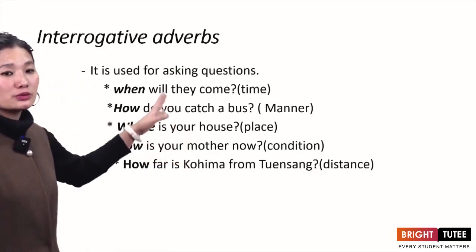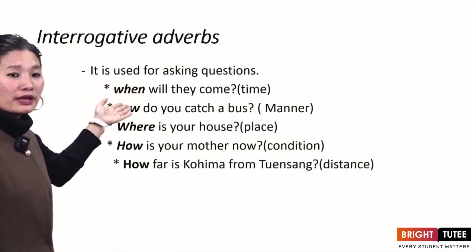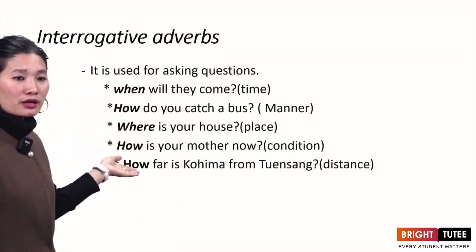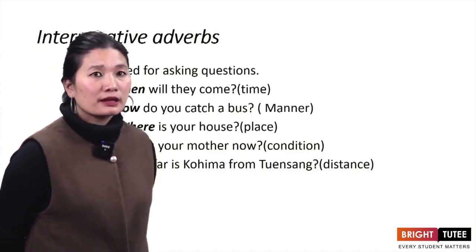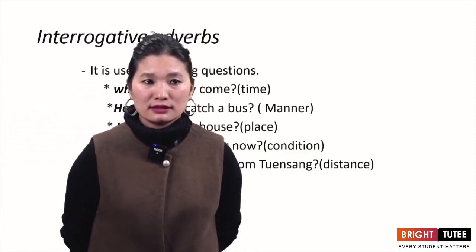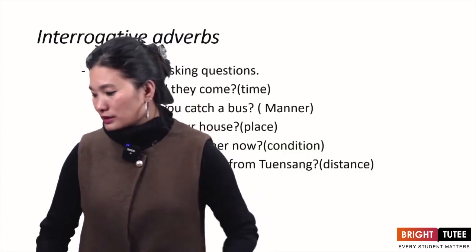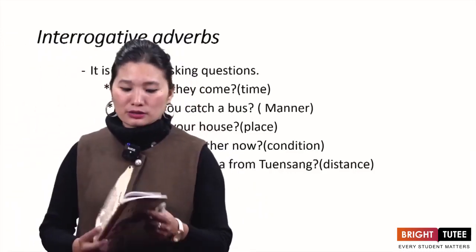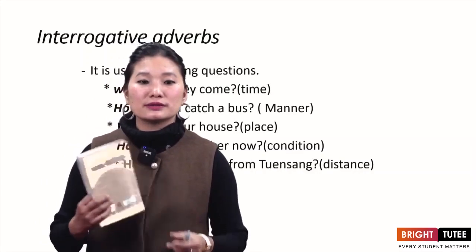Now let's look at the words here that are highlighted. When, how, where, again how and how. Example, if I say, whose book is this? If I hold a textbook and ask you, whose book is this?